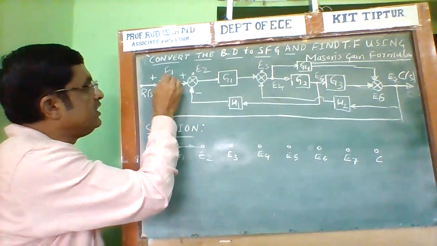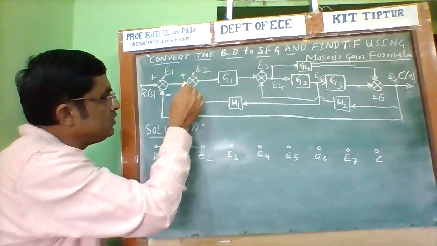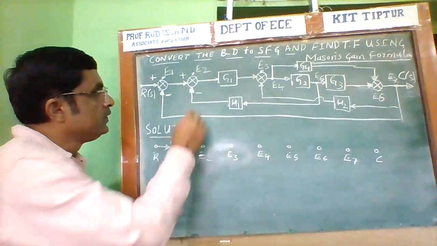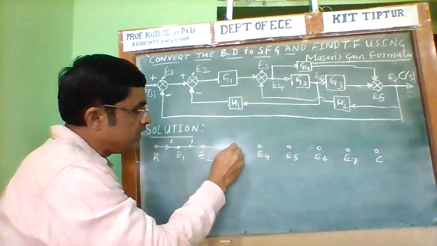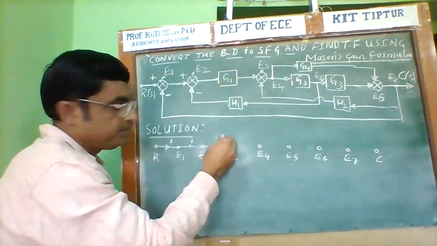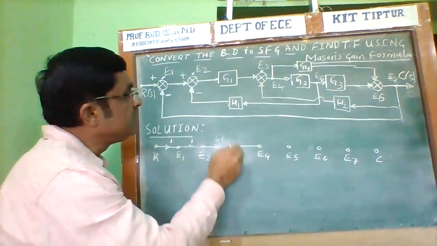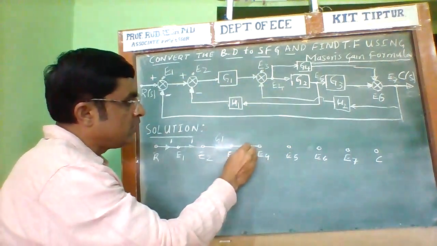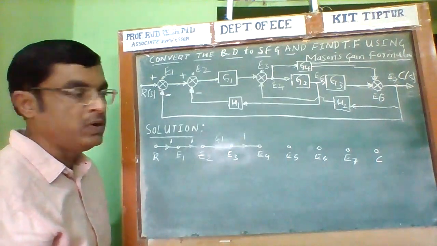The gain between R and E1 is 1. The gain between E1 and E2 is also 1. From E2 to E3 is G1. And from E3 to E4 is 1 again.